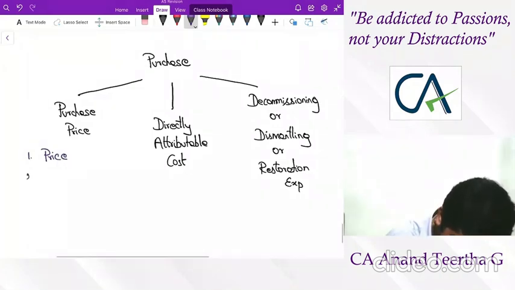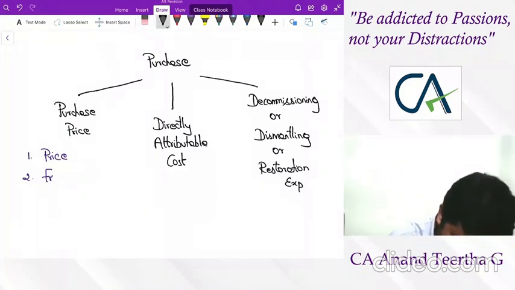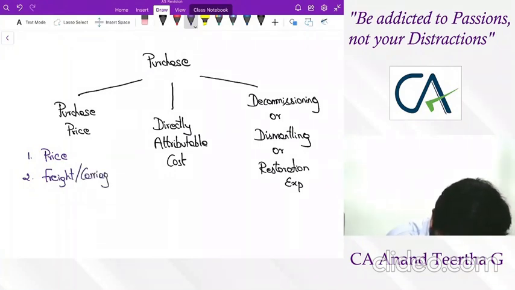Second, if there are any freight or carriage. Third, if there are any duties and taxes. Again, the same stuff: there cannot be any refund or credit.